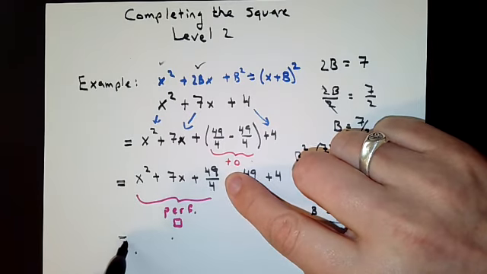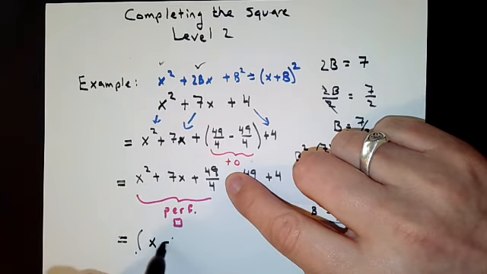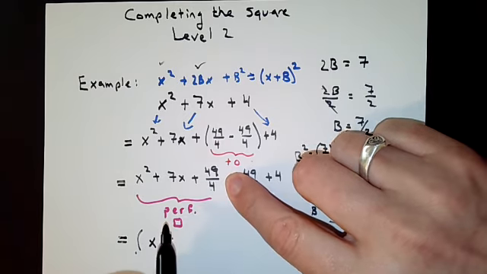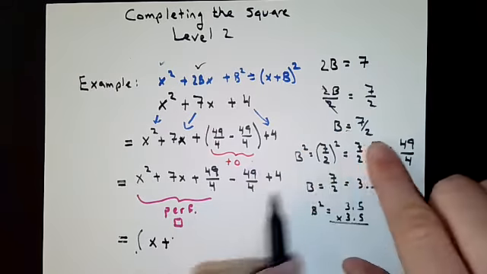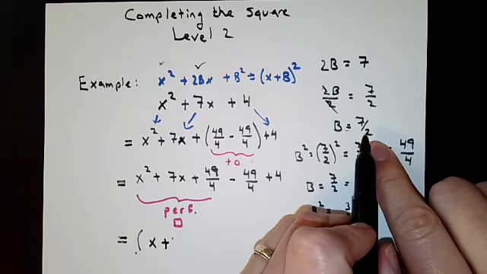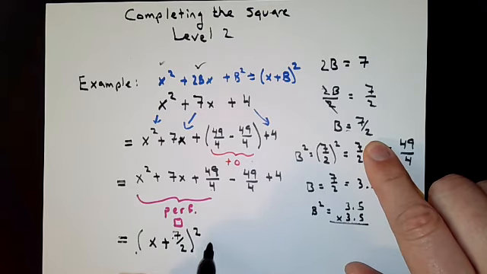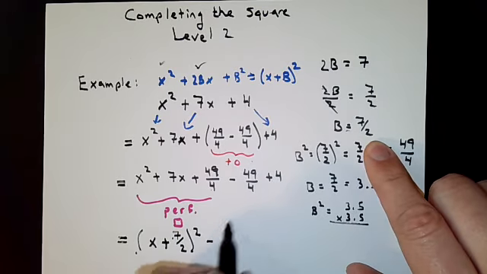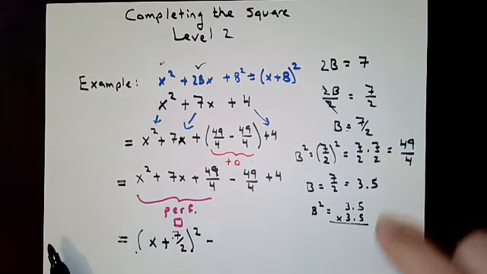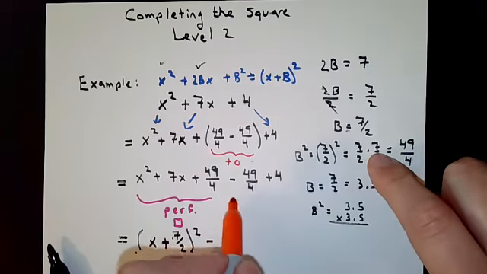It will definitely, guaranteed, factor into x plus b. What was b? Well, let's come back over here. B was equal to 7/2. So x plus 7/2 squared. And now we still have these constant terms out here that we're going to have to deal with.